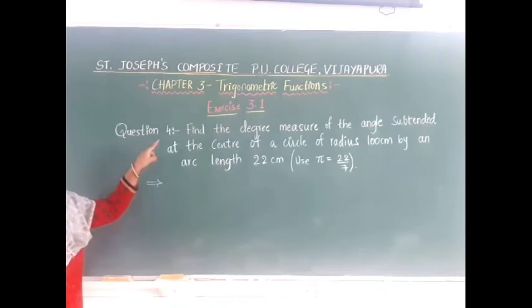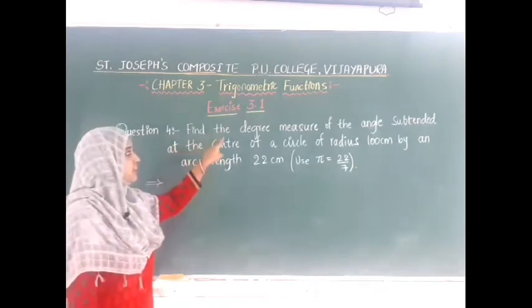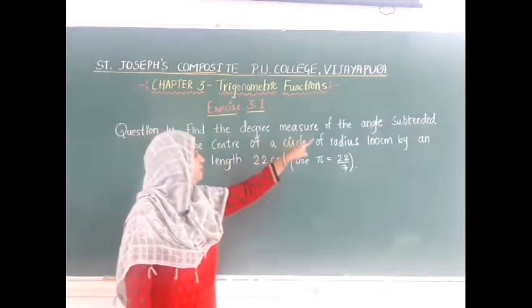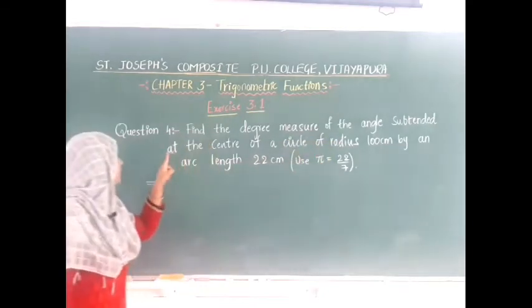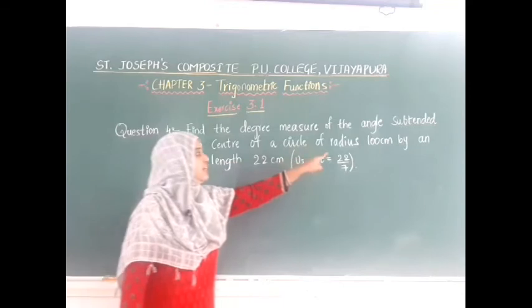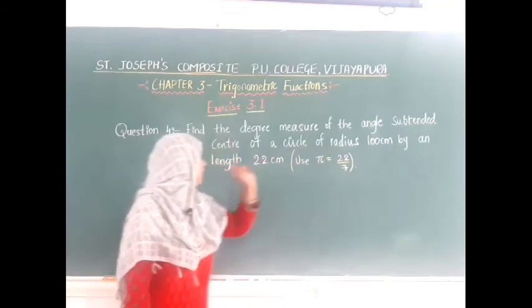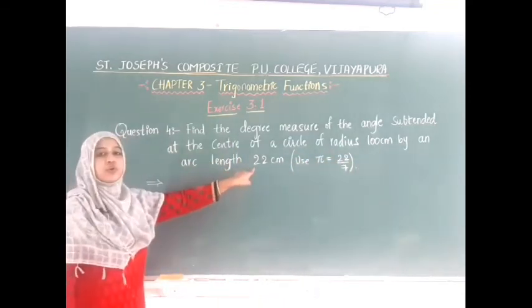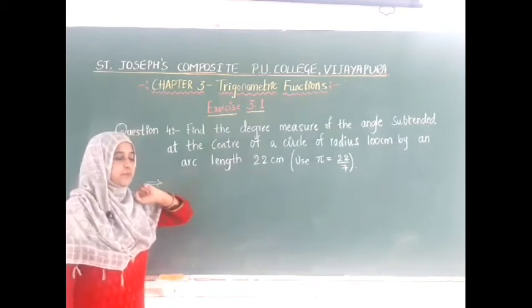Question number 4 is, find the degree measure of the angle subtended at the center of a circle of radius 100 cm by an arc length of 22 cm.